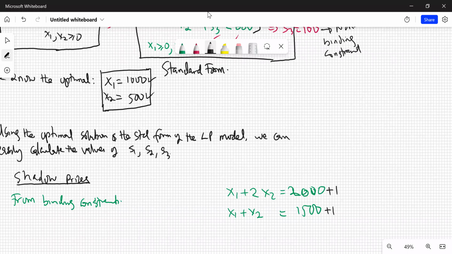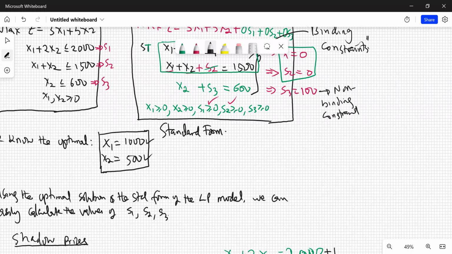Then you solve the resulting equations simultaneously to get new values of x1 and x2. Once you get those two new values, you plug them into our objective function here.